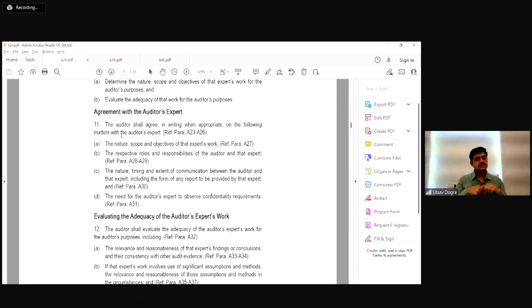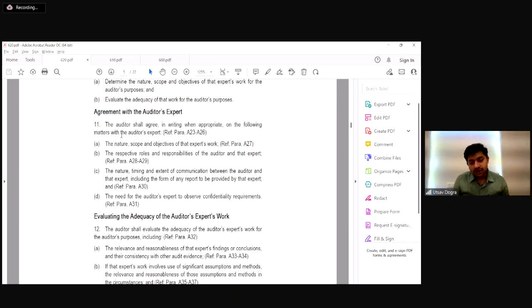Then the nature, time, and extent of communication between the auditor and that expert, including any report to be provided by the expert. The auditor can also give certain formats, just like we have read in the case of other auditors.